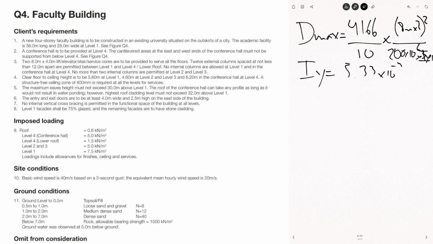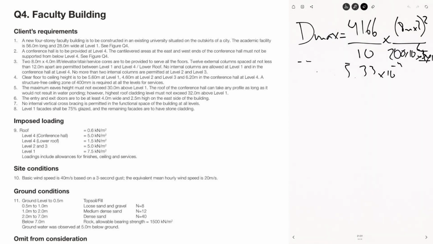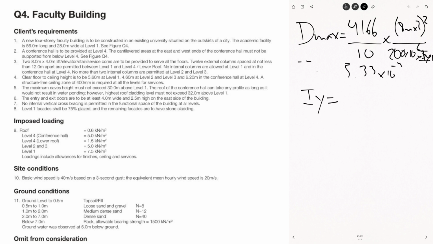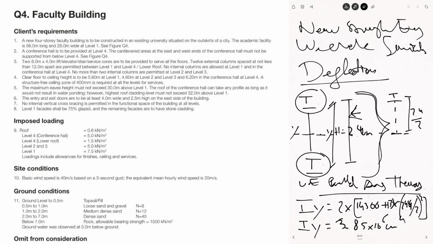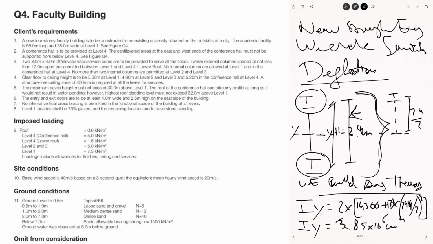This is the calculation, waiting for the actual inertia to be divided by it. So this value, 3.85 times 10 to the power of 6, divided by 3.85. Is that right? In meters.